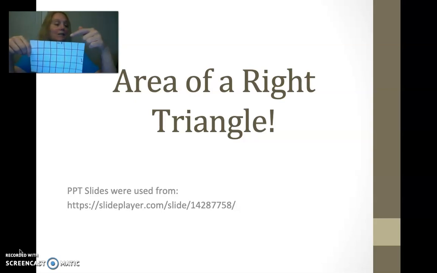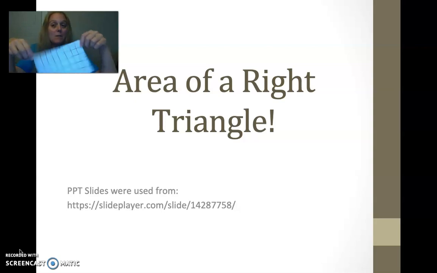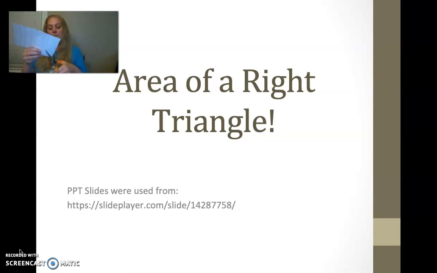So I have 8 inches by 5 inches. We have 40 square units here, and we're going to take this rectangle and cut it on a diagonal, and you're going to see what happens to our shape, which is hopefully going to help make sense why we're doing area of a right triangle.